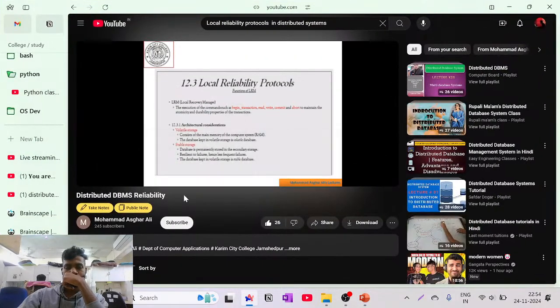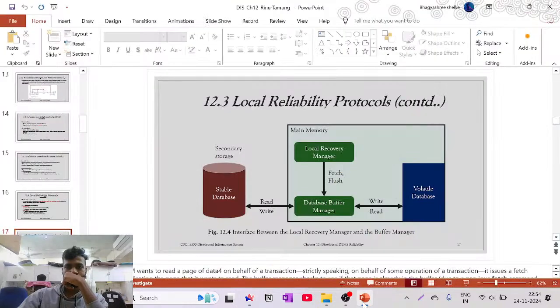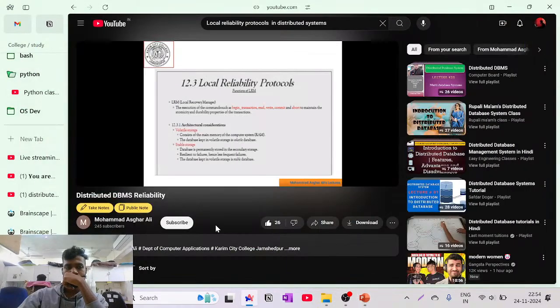We call the version of the database that is kept on stable storage the stable database. The unit of storage and access of the stable database is typically a page.